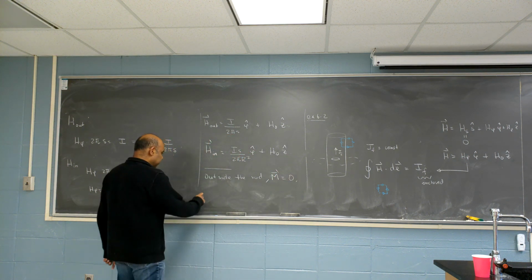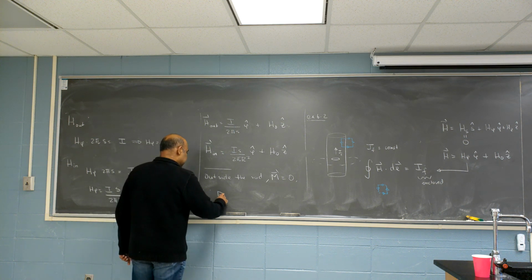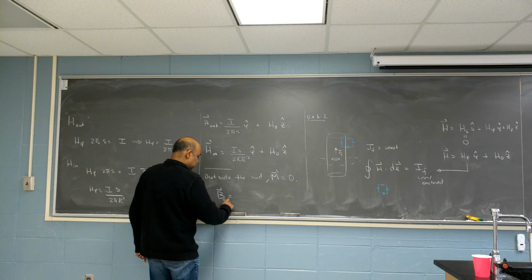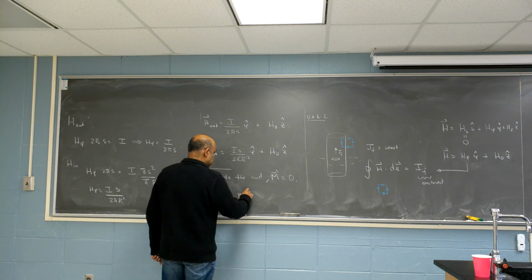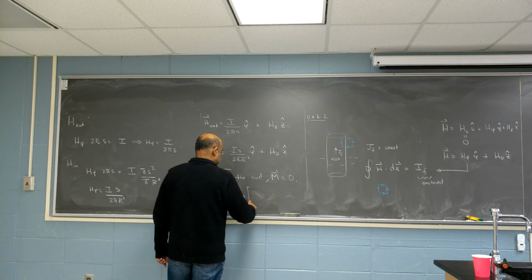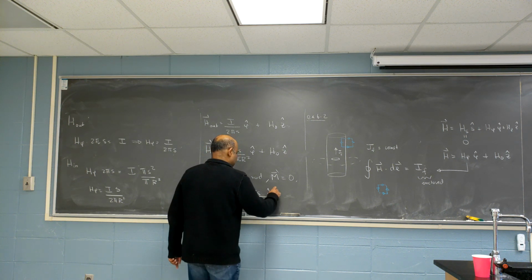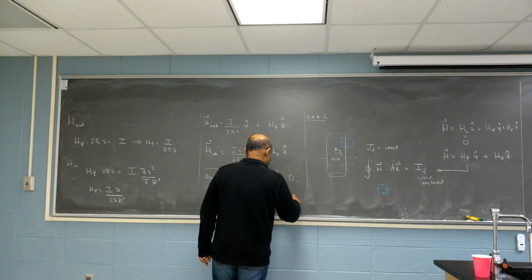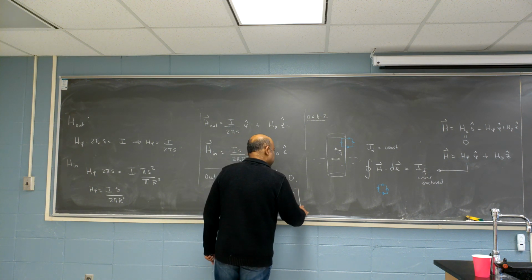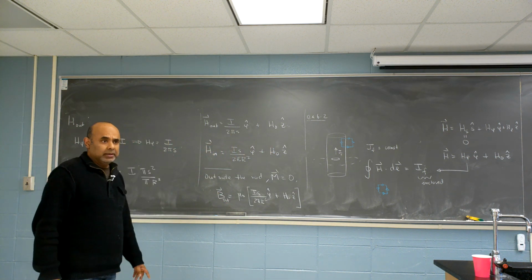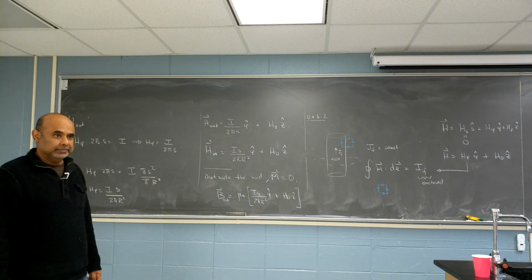Therefore, B is equal to B out, mu0 times H. So I want you to think about it and come up with a different reason, if you can, than what I'm going to present.